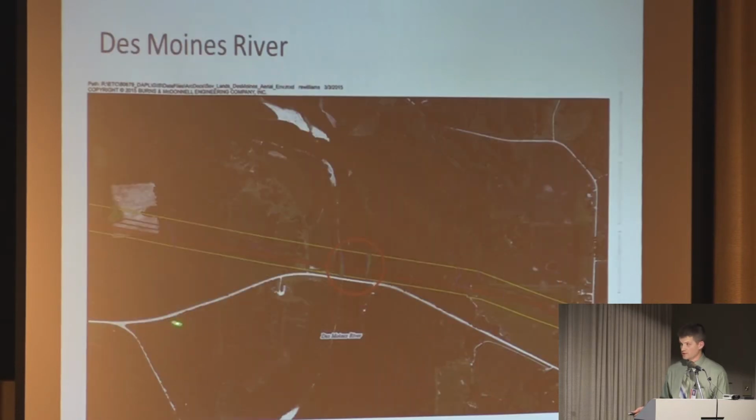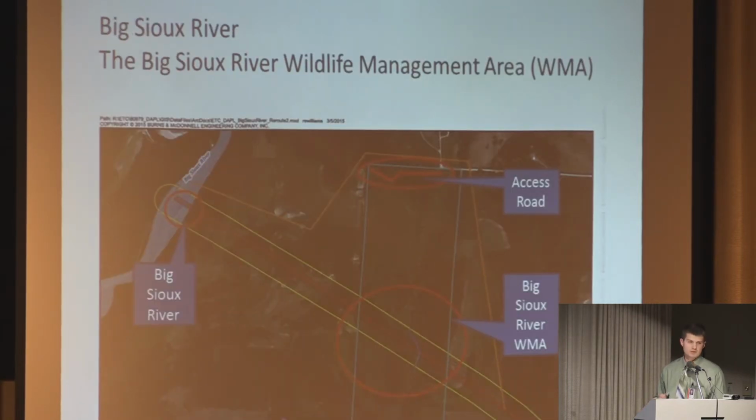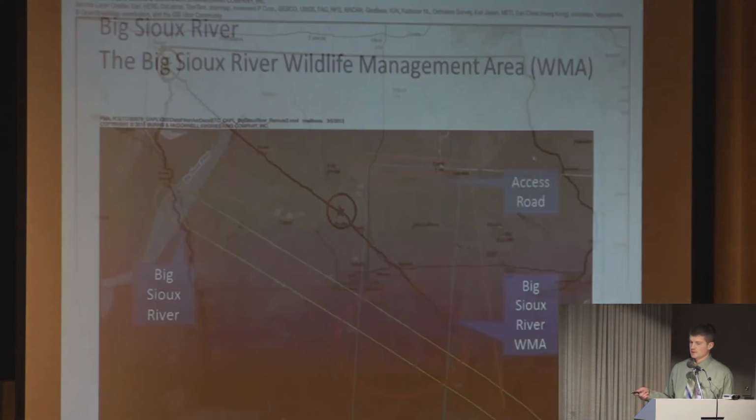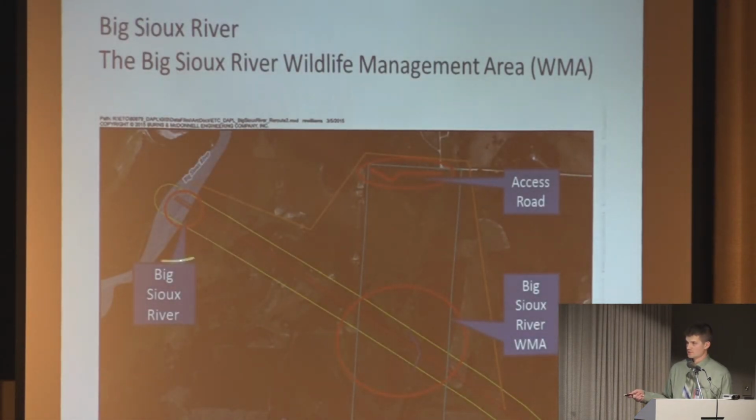We'll start with the Big Sioux River crossing. They plan to bore 59 feet below the river bottom and exit 750 feet east of the top bank of the river.